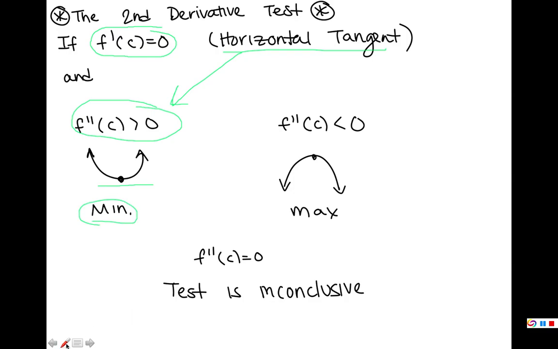Okay, so if the second derivative is positive at a critical number, you have to have a minimum.